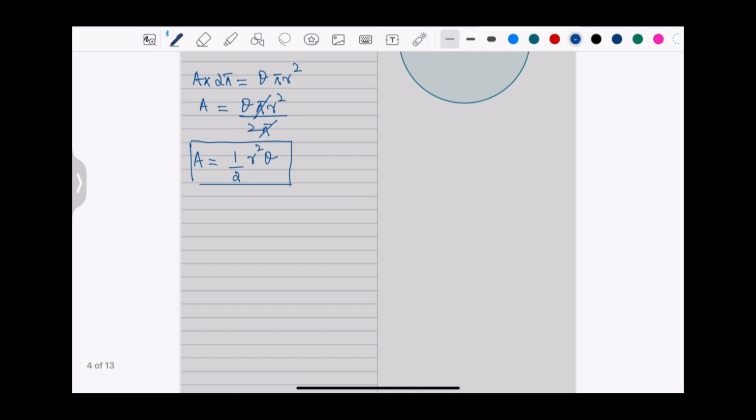There's another way. If you see that 1 over 2, I can write r square as r times theta, and r times theta is also equal to s, the arc length. So area can also be written as 1 over 2 r s, replacing r theta with s. Both of them can be applied depending on the situation.